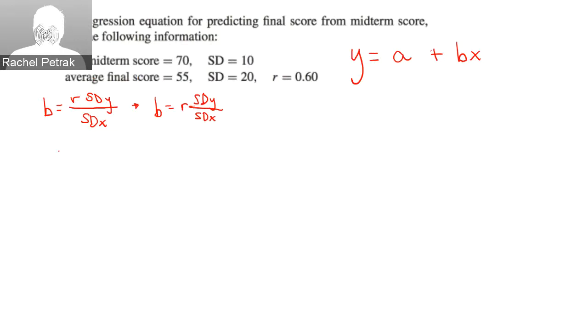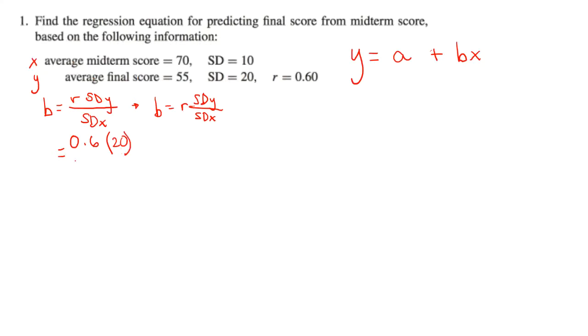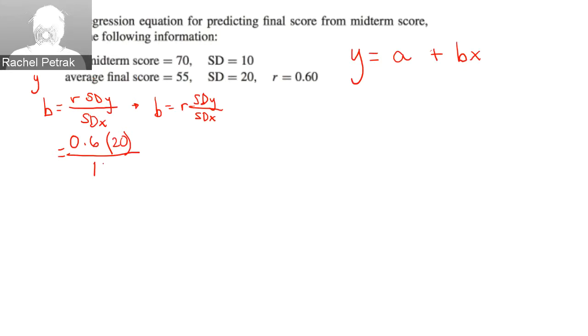So we can plug in some values here into our basic equation. We've got our r value is 0.06, our standard deviation of y. And let's remember that we want to predict final score. So final score is going to be y, average midterm score is x. Then our standard deviation for y is 20, and the standard deviation of x is 10.